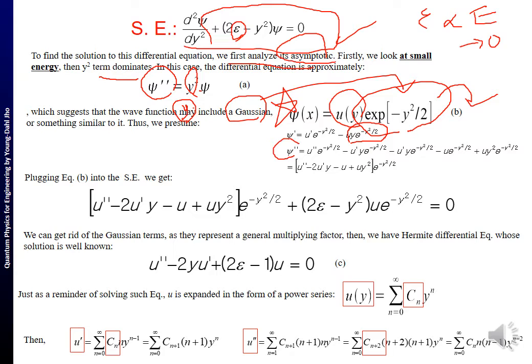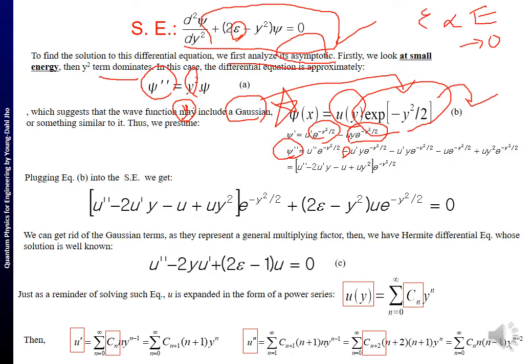We take the second derivative here, then u double prime e to the minus y squared over 2, minus u prime, we take the derivative of this, then y e to the minus y squared over 2. Because we take the derivative from here, there comes minus y. Yes, so it is minus here.